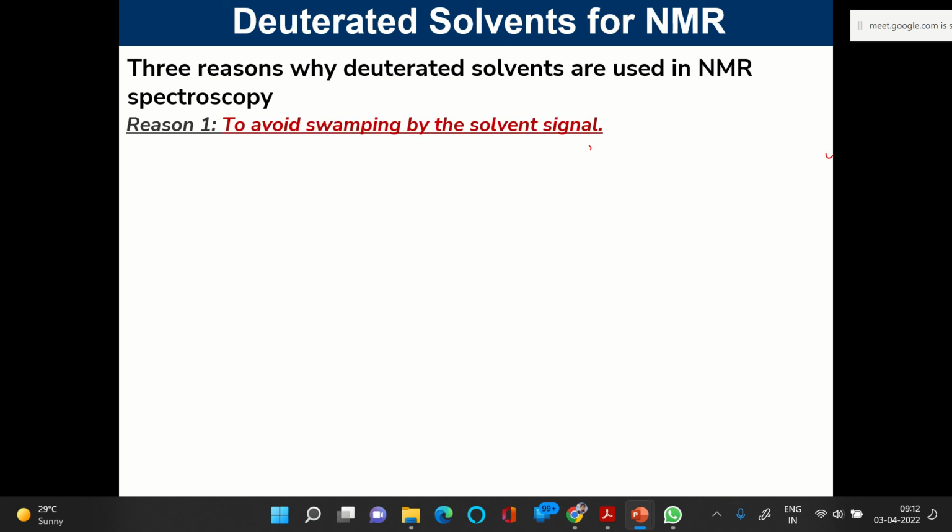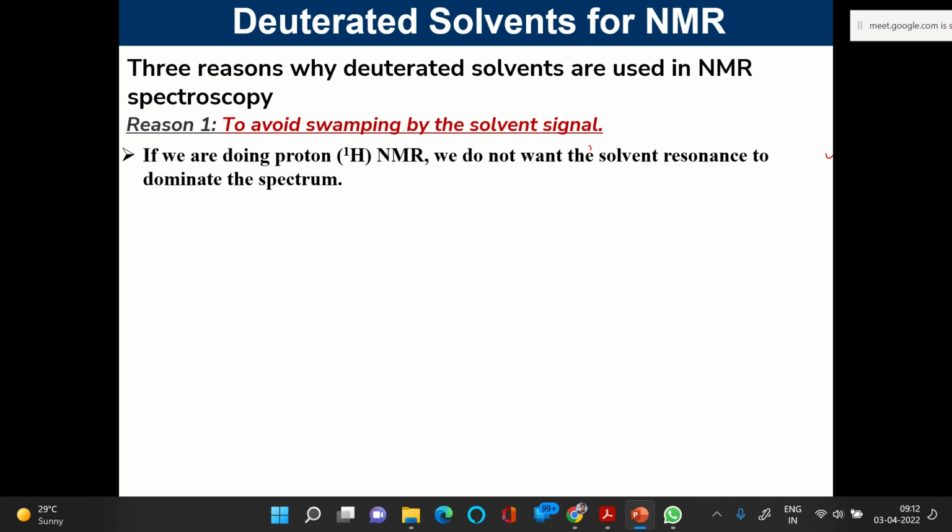We need to understand why we do this, because you don't want the solvent signal to dominate. If you are performing proton NMR and you have water or any other thing as solvent, you will have so much signal coming from the 1H nuclei of the solvent itself, and that number is huge.